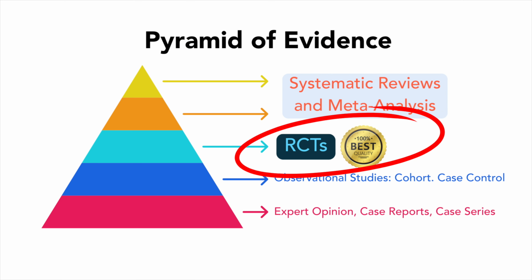In the middle of the pyramid, observational studies exist, like cohort studies or case control studies, which provide real-world insights, but they are still subject to confounding. Both cohort and case control studies are types of observational research, meaning researchers observe what happens in real life instead of assigning treatments like in randomized trials.